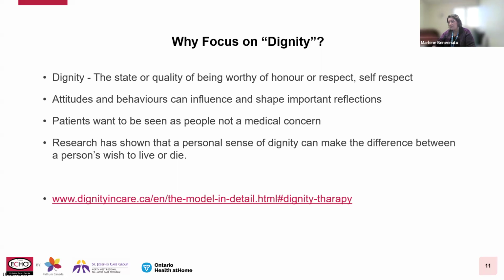Behaviors: we have to be kind and respectful, and that's a given, right? But simple gestures can really make a patient feel more like a person worthy of attention and respect. Those small acts of kindness and respect can really enhance the conversations. I'll digress a little bit and comment on when I would have a new admission to the unit.